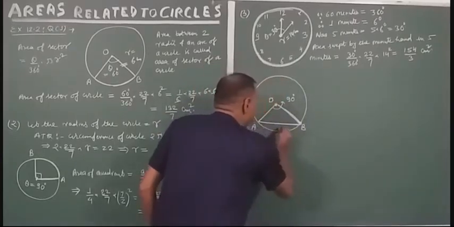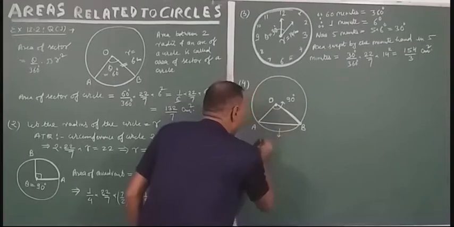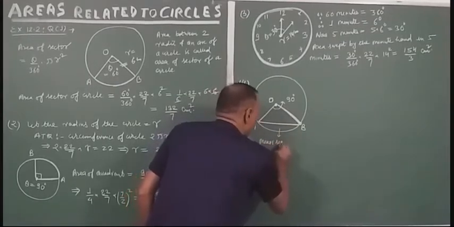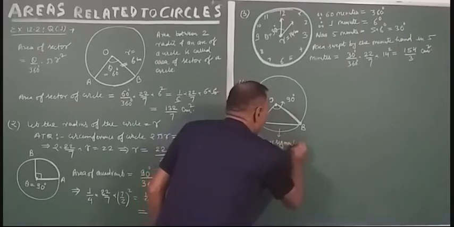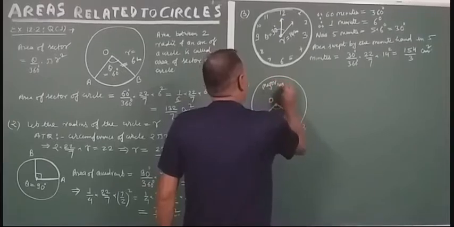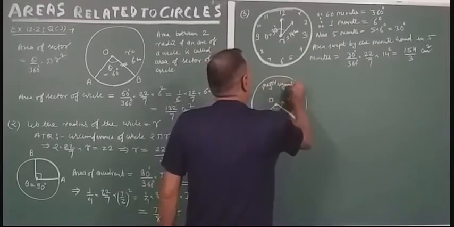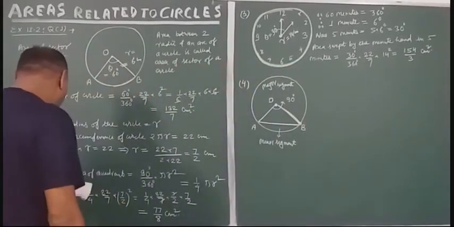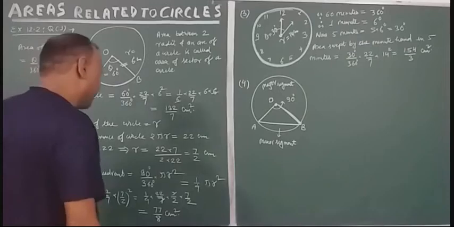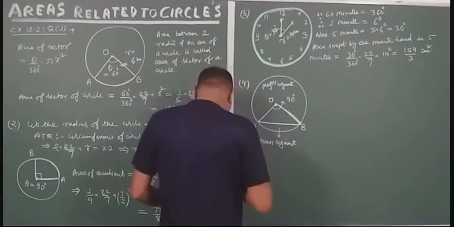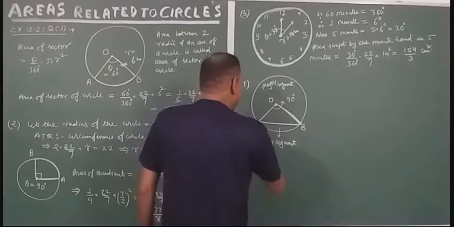This one is the minor segment, and this is the major segment. Okay. A chord of a circle of radius 10 centimeter.